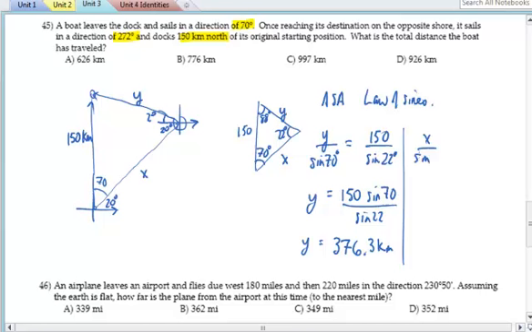x over the sine of 88 will equal 150 over the sine of 22.